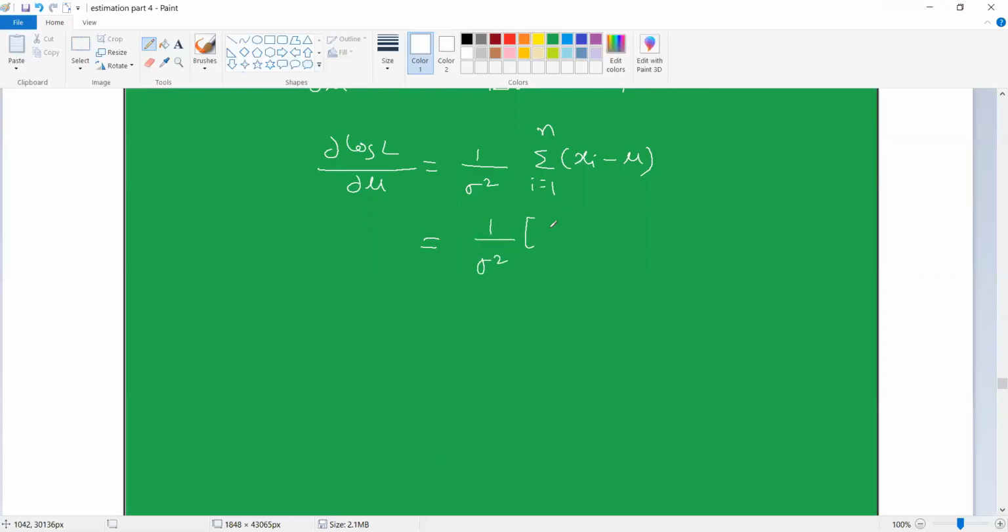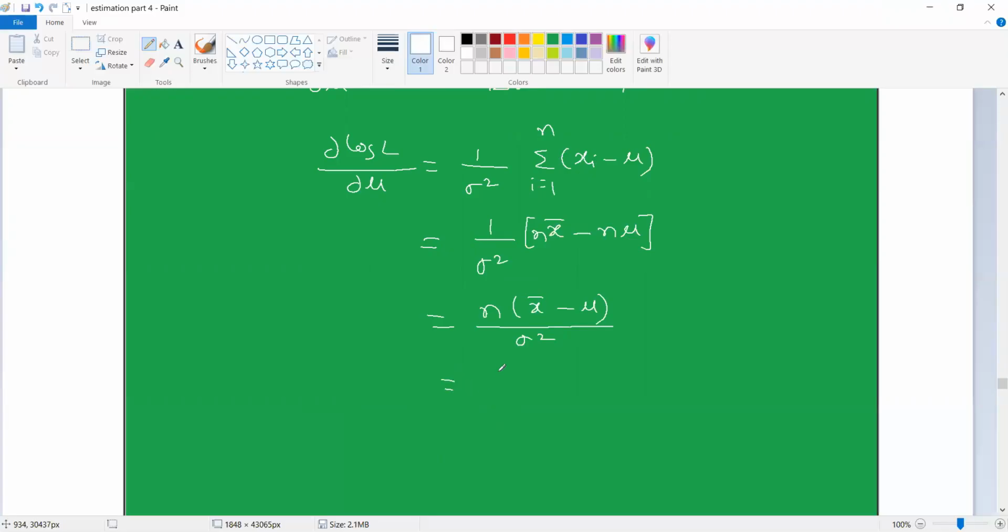Summation xi is n x bar and summation mu is n mu, so this is n into (x bar minus mu) by sigma square.